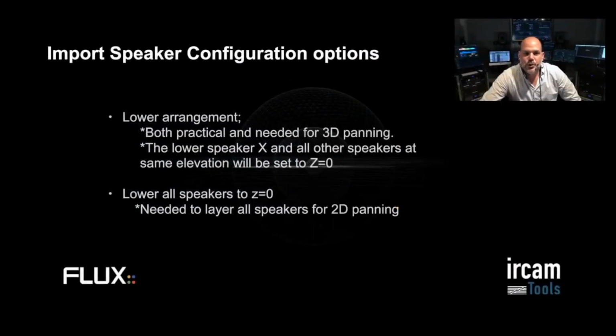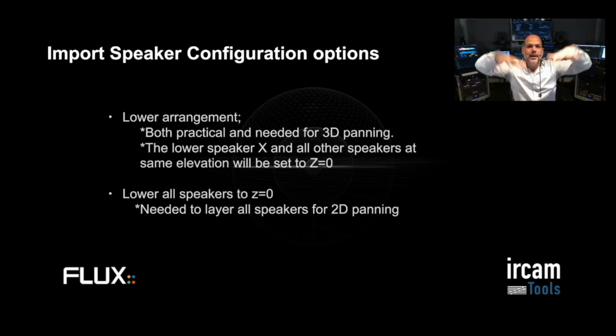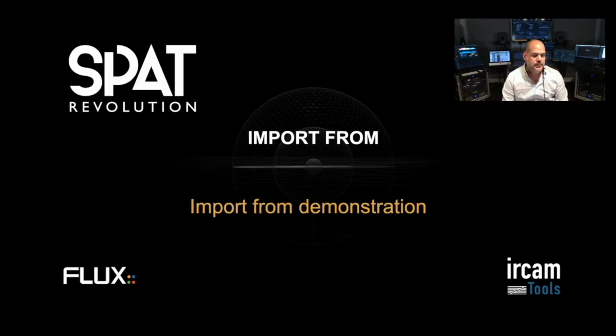So what's the conclusion on this? We import a speaker configuration. There are some options to lower. Practical, obviously, you don't want to have your first layer higher than the default source. Your 0 makes sense to be your first layer. And we have, obviously, as we said, the lower all speakers to 0. Okay.